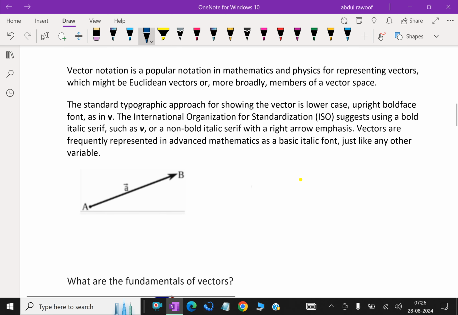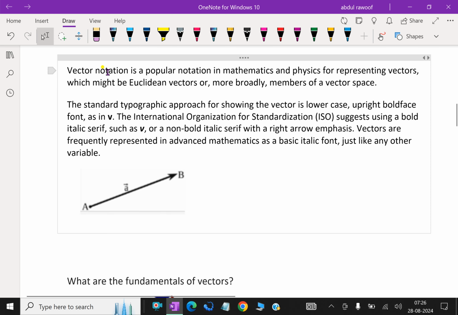Now, vector notation. Vector notation is a popular notation in mathematics and physics for representing vectors, which might be Euclidean vectors or, more broadly, members of a vector space. The standard typographic approach for showing a vector is a lowercase upright boldface font, that is v, a thick letter v.